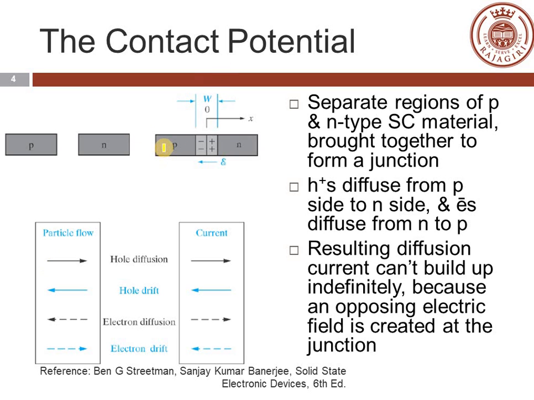Holes will diffuse from the P region to the N region, so the resulting current is in the same direction as the hole flow. Similarly, electrons will diffuse from the N region to the P region, and the resulting current is in the opposite direction of the electron flow.